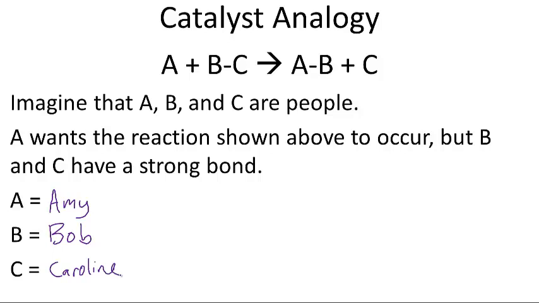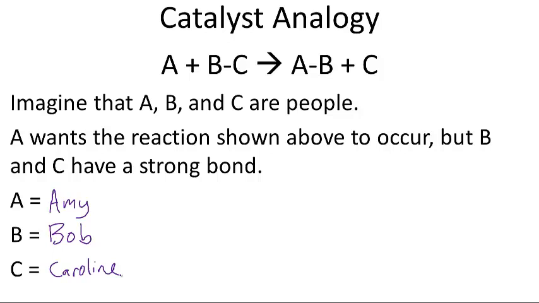All right. So, here's the idea. Amy, not this Amy, but a different Amy. Amy sees Bob and Caroline together and is feeling jealous. Amy really wants to bond with Bob and sees Caroline as an obstacle.